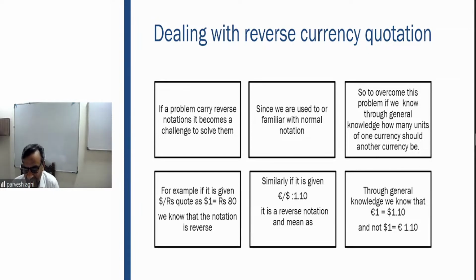I'll explain that in my next slide. So if the quote is written that euro oblique dollar is 1.10, it means that 1 euro is equal to $1.1 and not $1 is equal to so many euros.